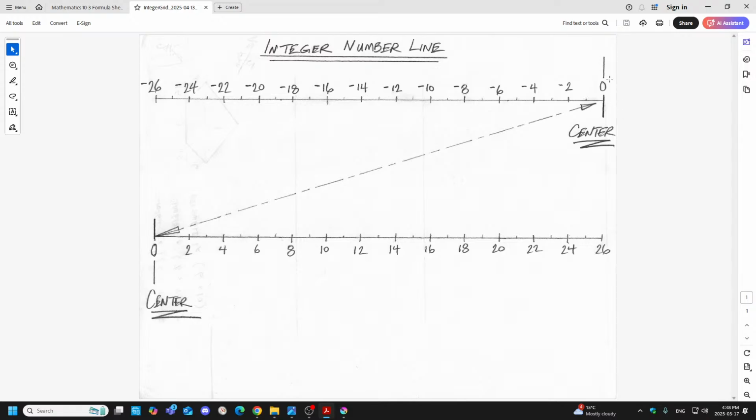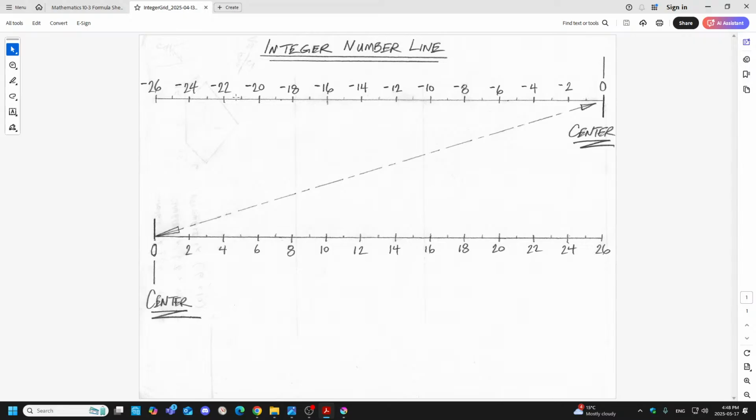Okay, so anything to the right of 0 is all positive numbers. They're increasing positively in the right direction. Negative values, technically speaking, are also increasing, but they're going left, in a negative direction.